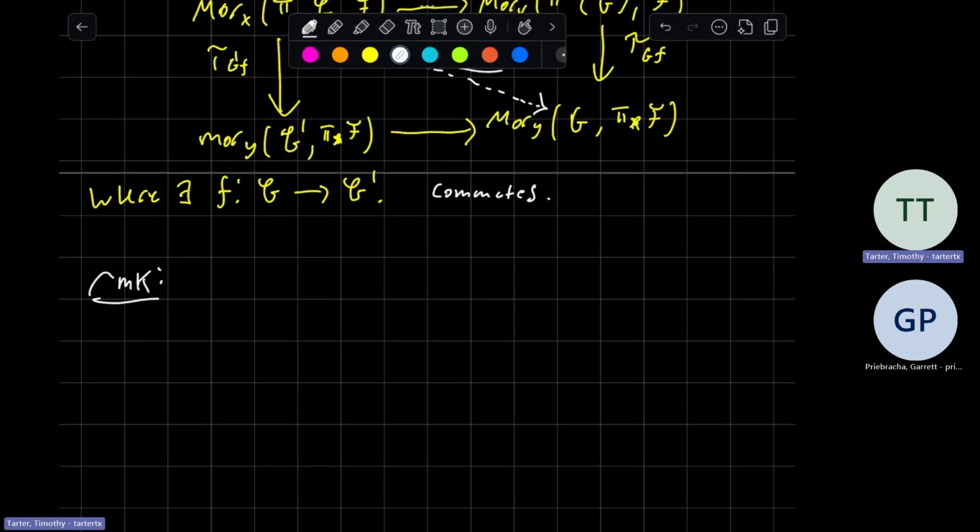So a special case of this that will maybe make this a little more clear is that if X is a point P and Y is general, then pi inverse of G is the stalk G_P.